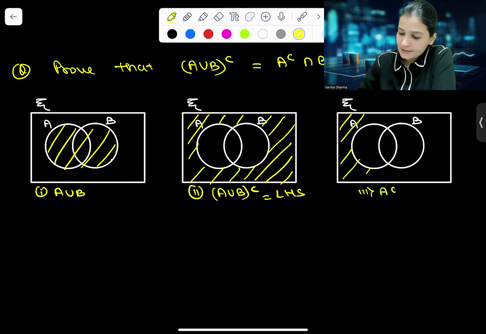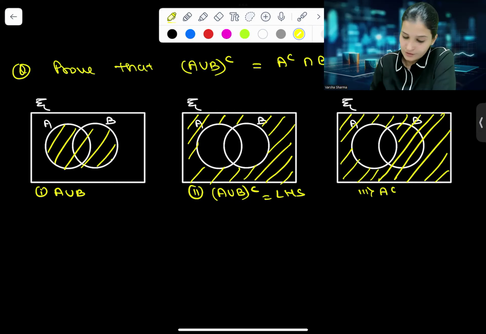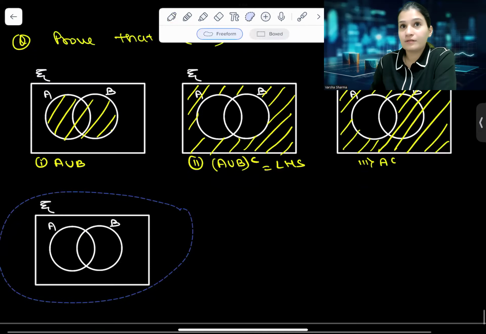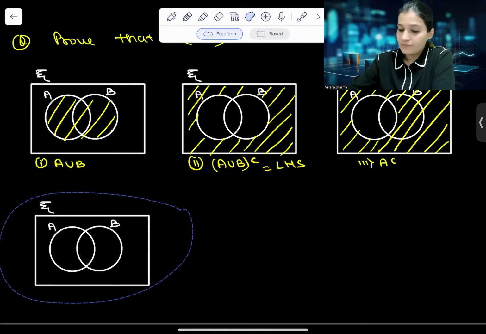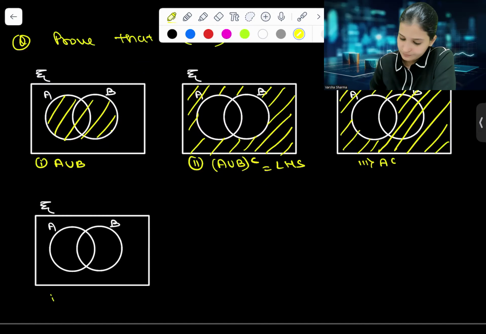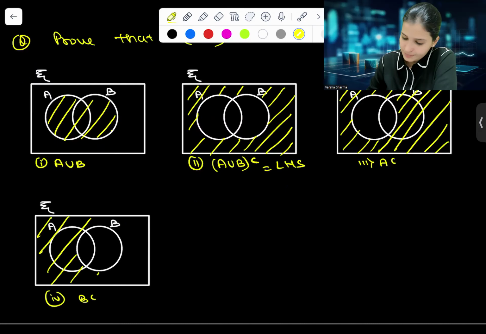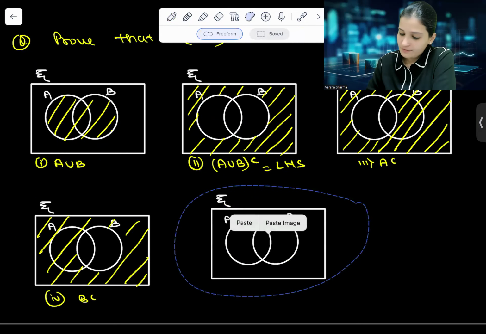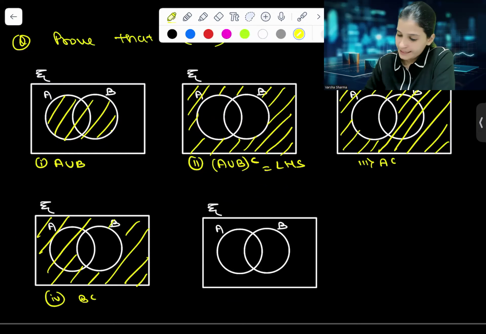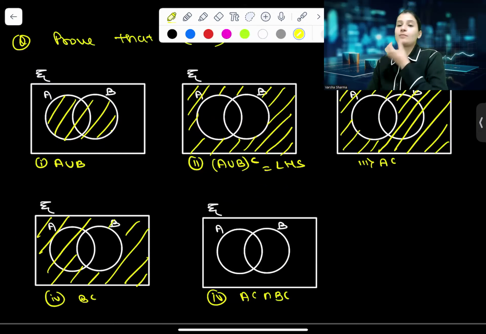Third, we have A complement: everything outside the circle A. Fourth table, B complement: everything outside the circle B. And then we have their intersection, A complement intersection B complement.